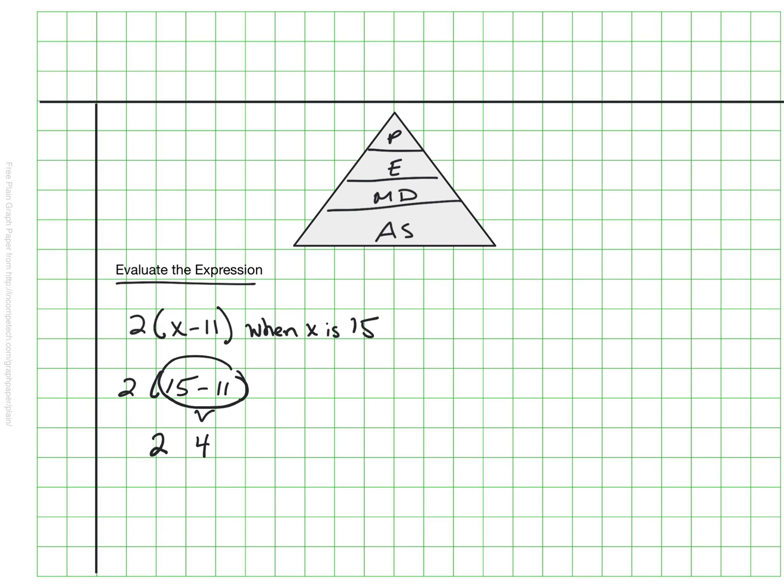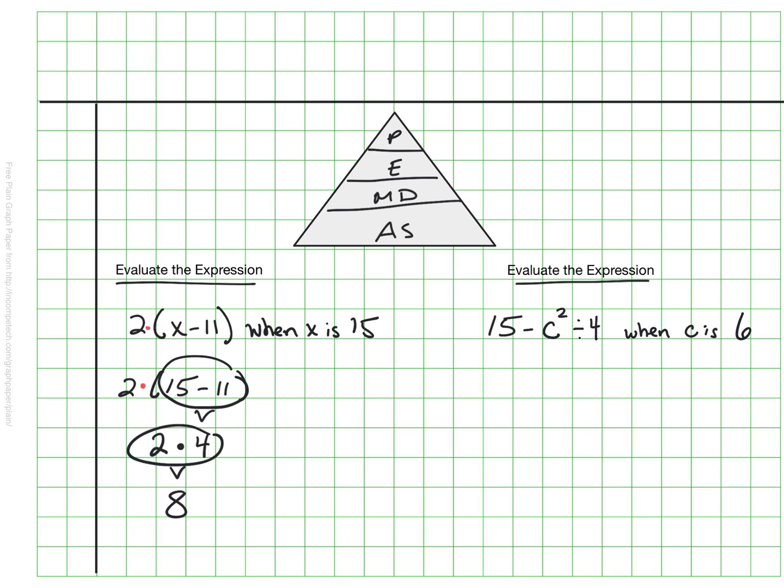And when we have this parentheses and we finish what's inside and there's just this number sort of floating, there's that invisible multiplication, right? This means 2 groups of whatever inside our parentheses. So I could always just add that in there if it would help. But I don't want to forget about it when I get to the bottom, because then I can solve this and say the answer is 8. So when I evaluated that expression with the variable x equivalent to 15, the answer was 8.